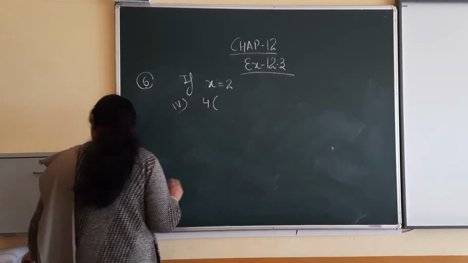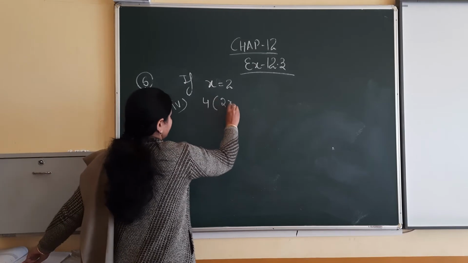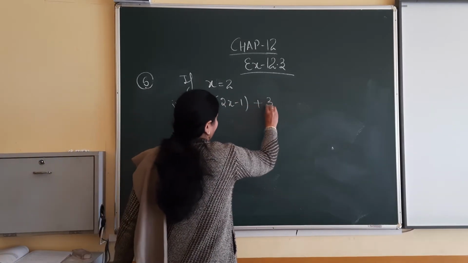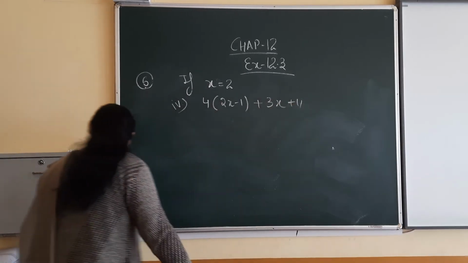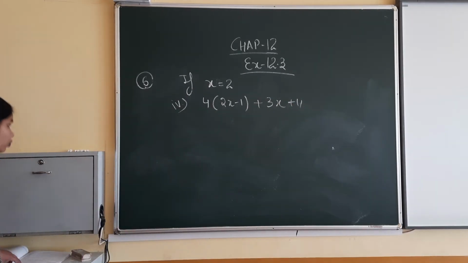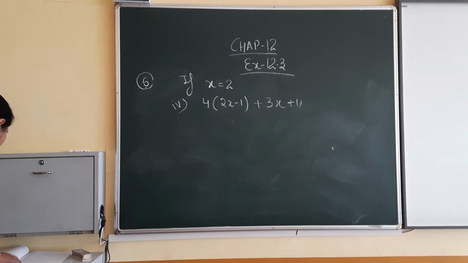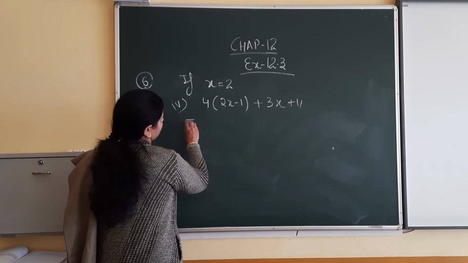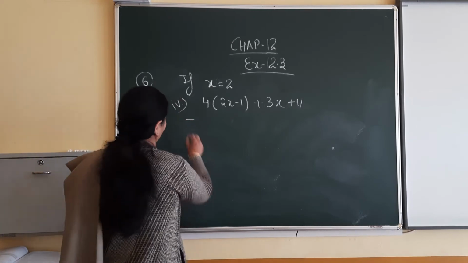In the fourth part, the expression given is 4 times (2x minus 1) plus 3x plus 11. So this expression is given in the fourth part and we have to simplify it when the value of x is given as 2. In the next step, you can simplify it first. What we do?